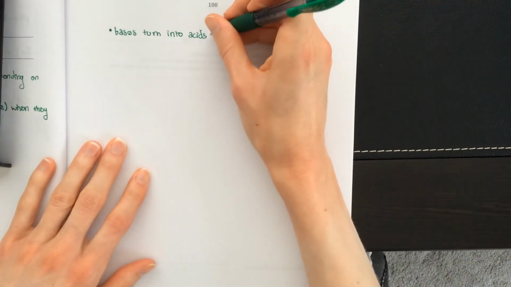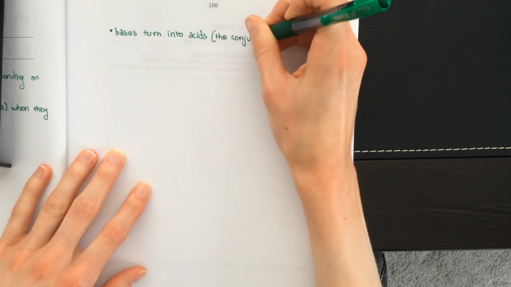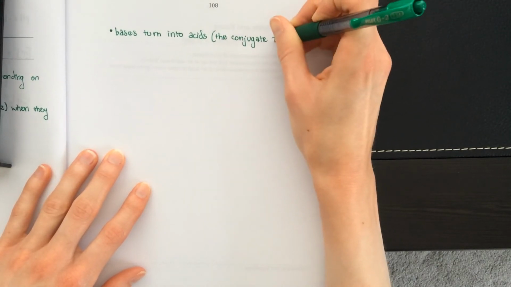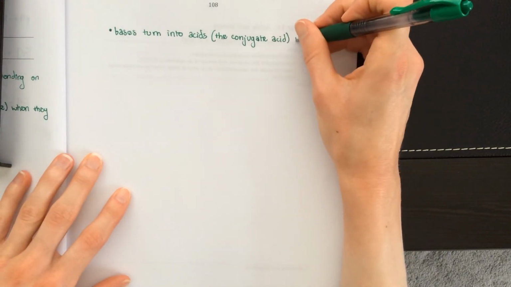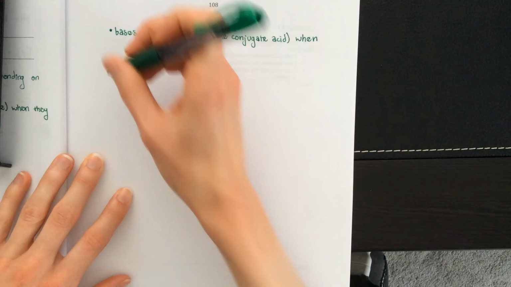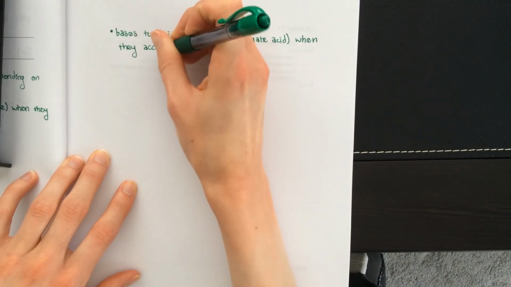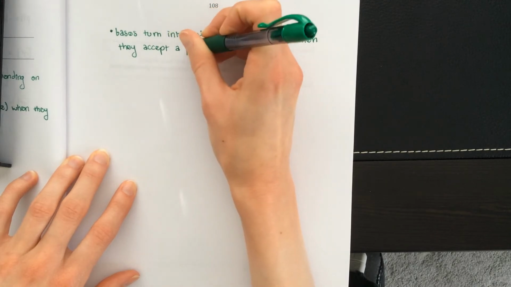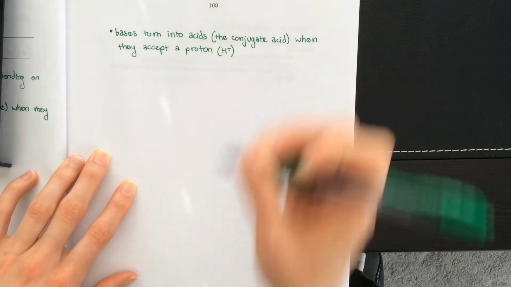Okay, bases turn into acids, which is the conjugate acid, when they accept a proton, which is just H+ again.